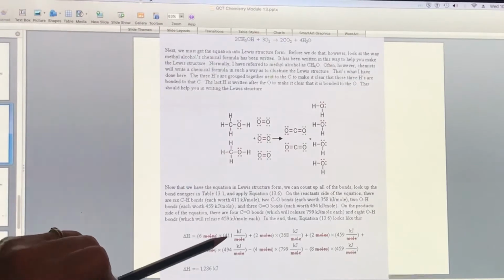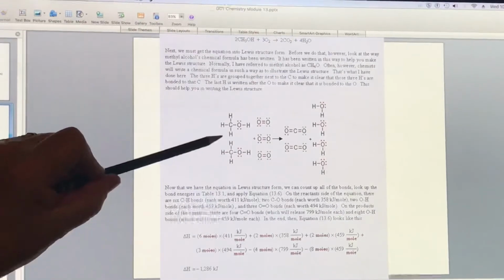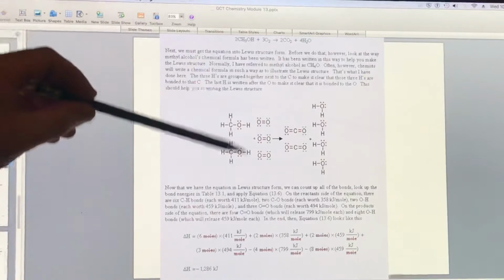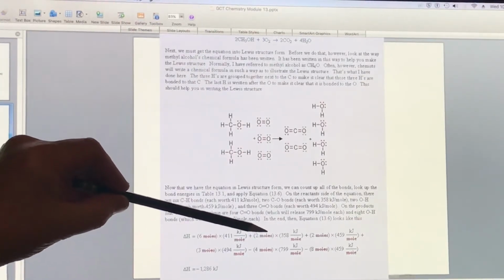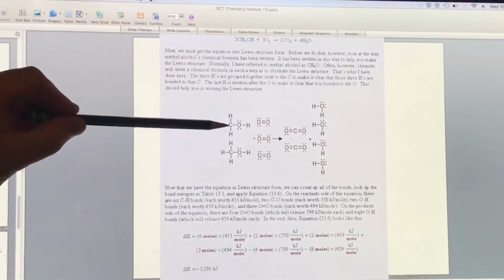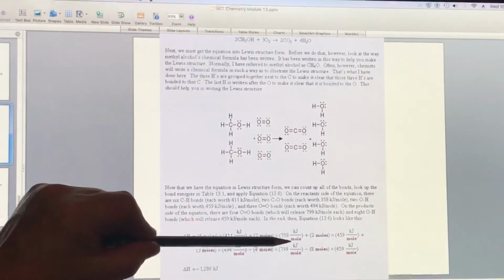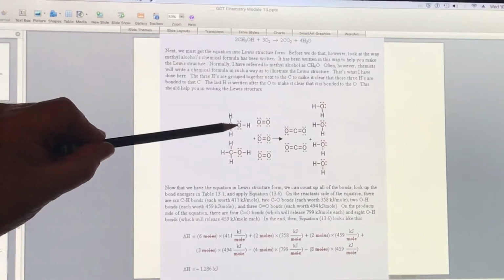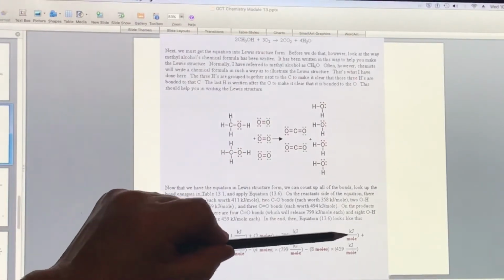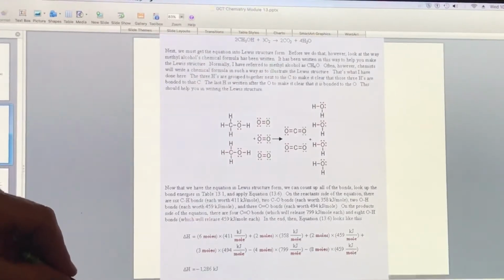So we multiply 6 times the value for that one bond, the 411 kilojoules per mole, and that would provide the bond energy for those. Then you can move to the 2 times the carbon oxygen bond here, and that provides a value for those. Then you have another 2 for the oxygen to hydrogen bond here. And so you've carefully accounted for all the bonds in these molecules.